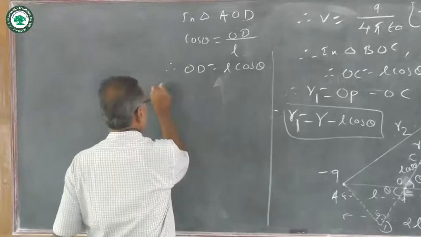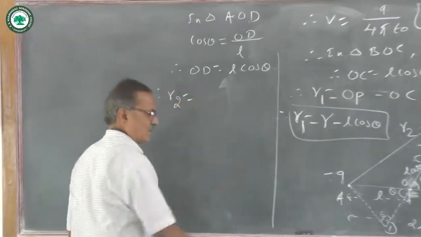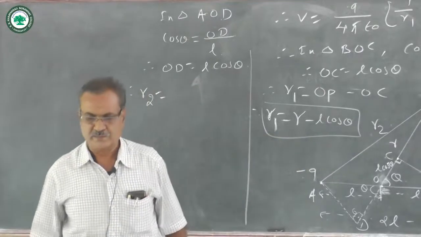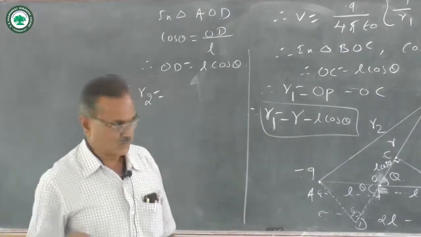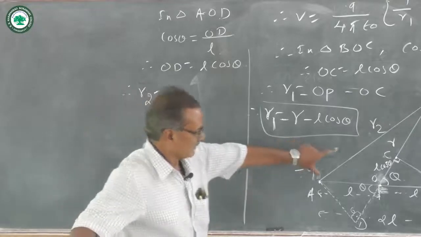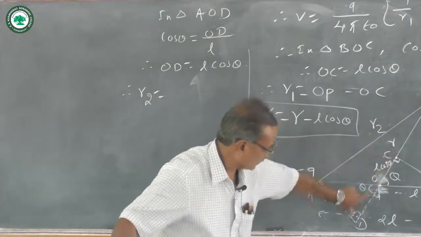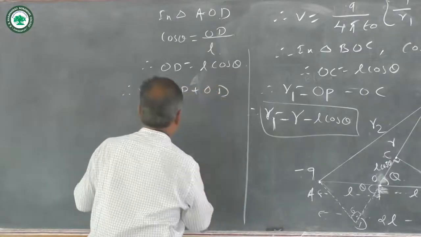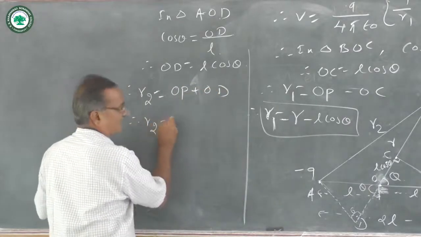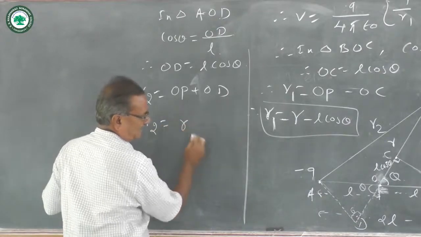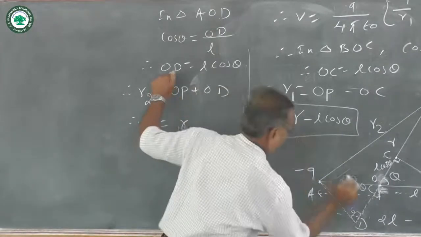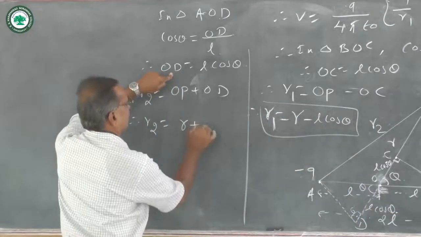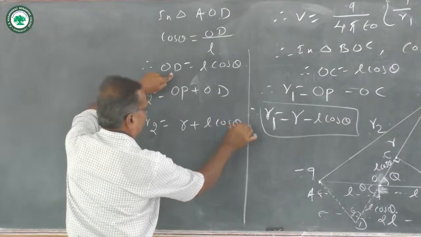Now R2 is the distance from A to point P. So R2 is equal to OP plus OD. OP is R, OD is L cos theta. So R2 equals R plus L cos theta.